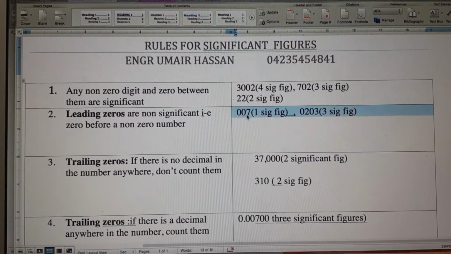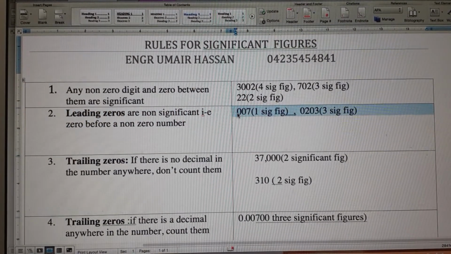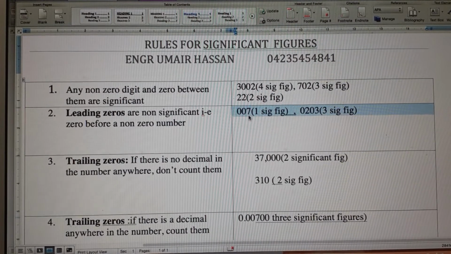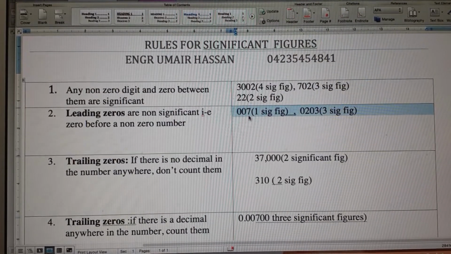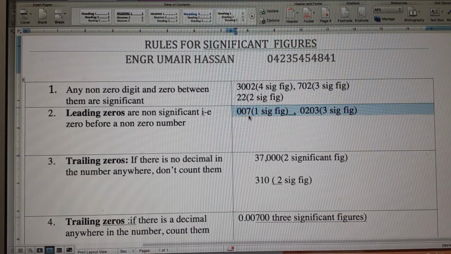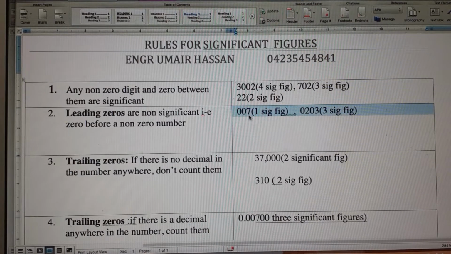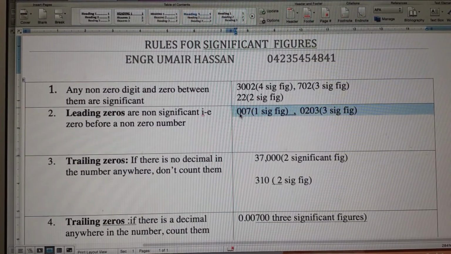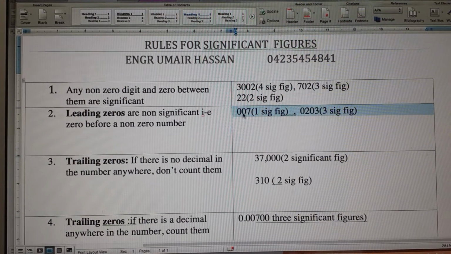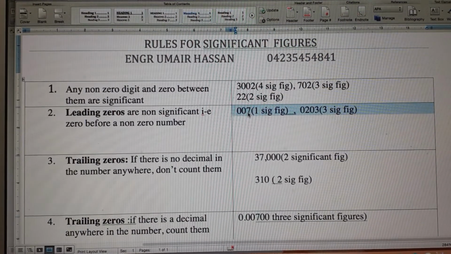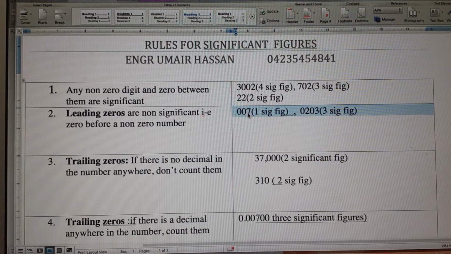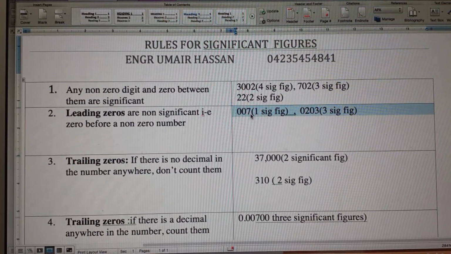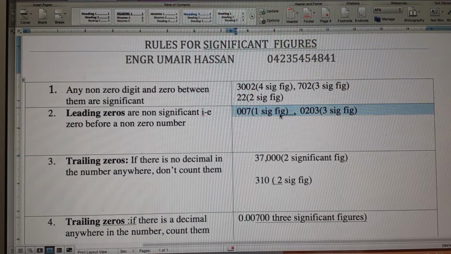For example, these two zeros are before 7, and 7 is a non-zero number. So these two are leading zeros, and they are not significant. In this case, 7 is a non-zero number and it is significant, so we have one significant figure.